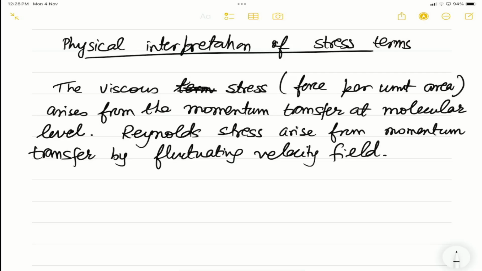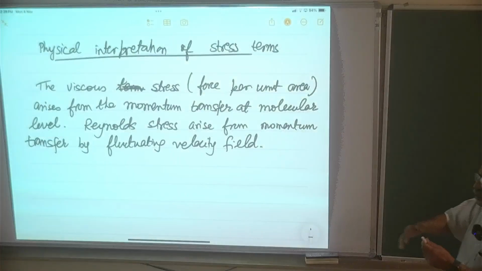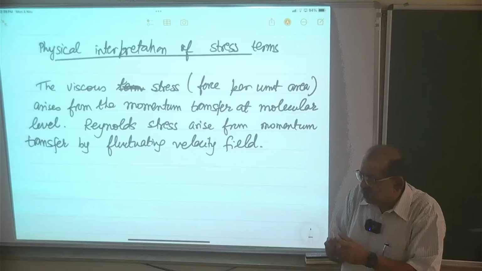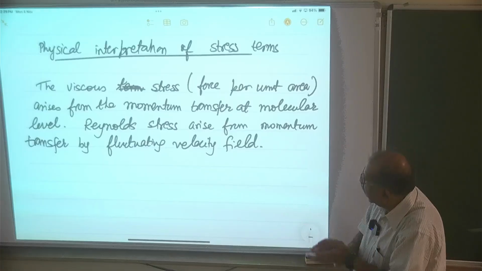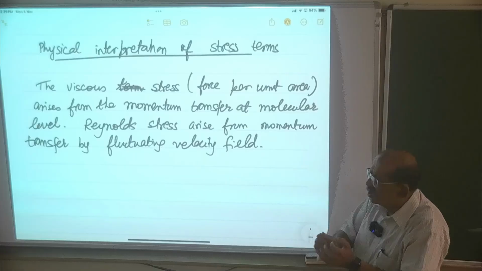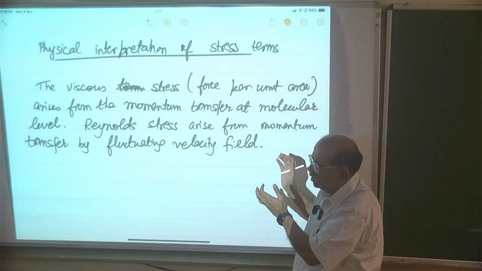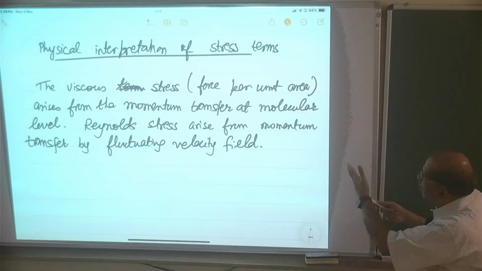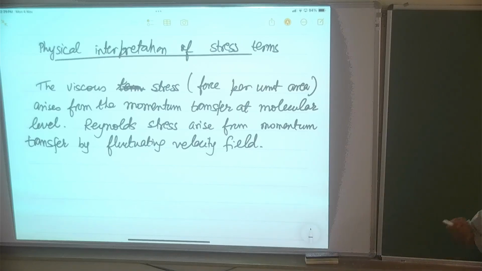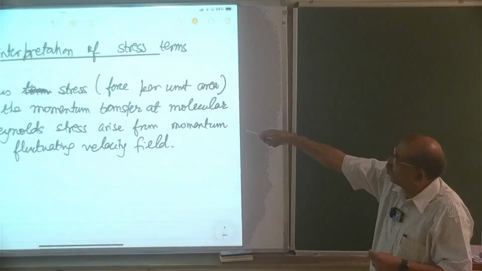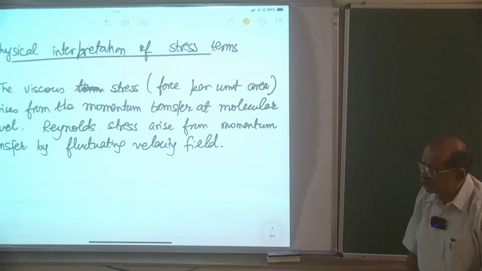The fluctuating velocity field, as the terms ui prime, uj prime. As the particle moves, it carries some momentum along with it. So that transfer, which comes from the ui prime type of terms, is what is reflected in the Reynolds stress.